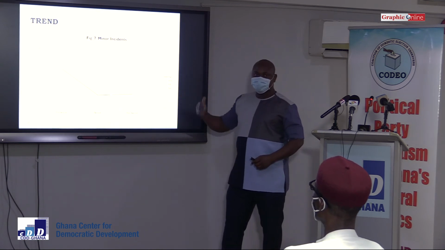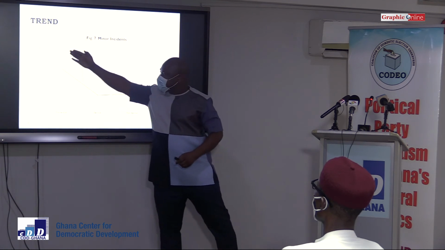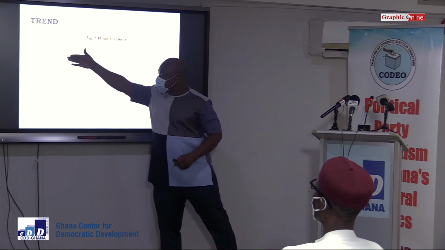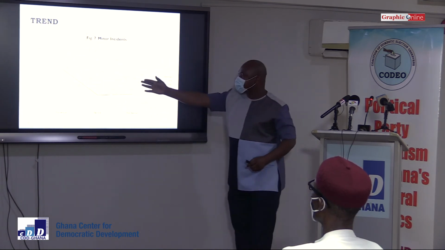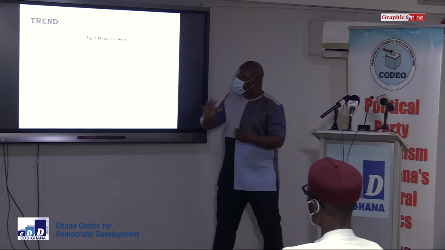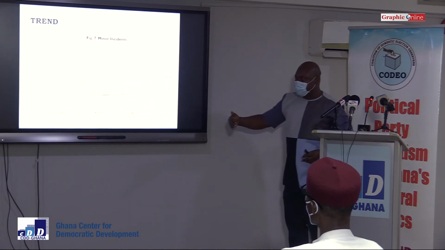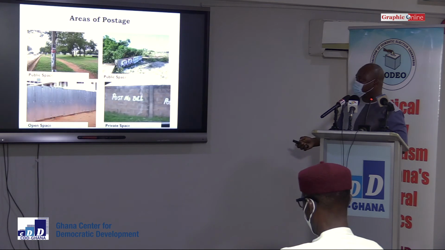And so that is why a forum like this is very important, so that we can begin our intervention early, do our advocacy early, so that we are able to curtail the incidents, because we have seen that when you combine the analysis, the monitoring, and the intervention, we see a reduction. So if we are taking action now, then it's very useful.